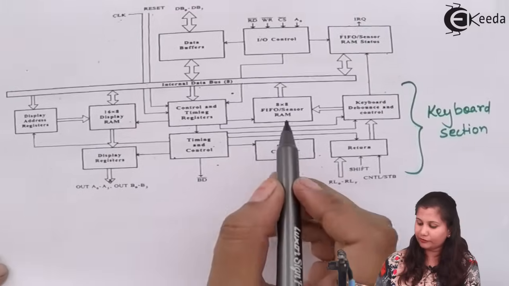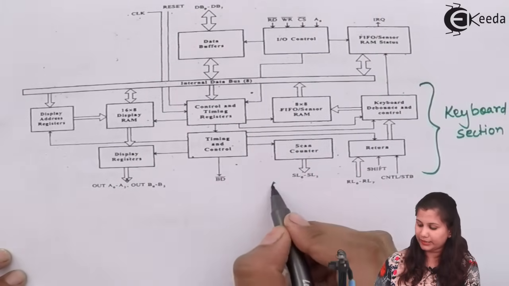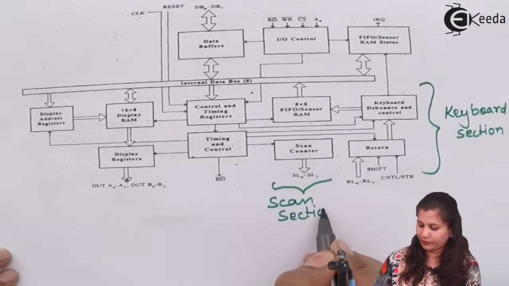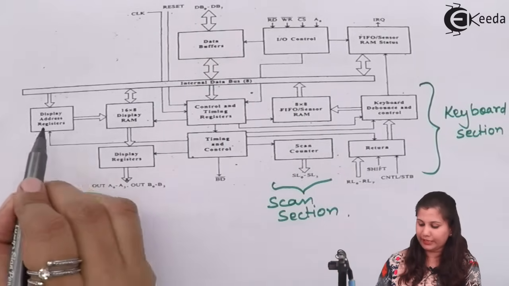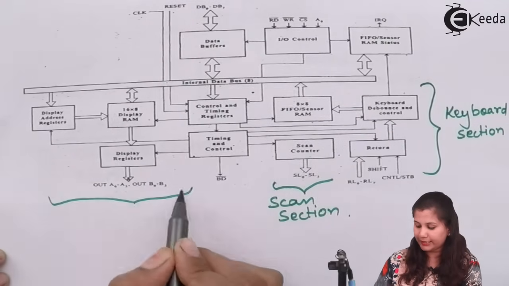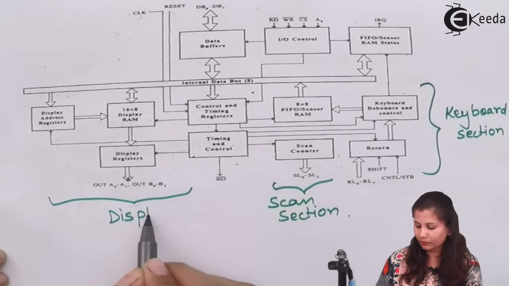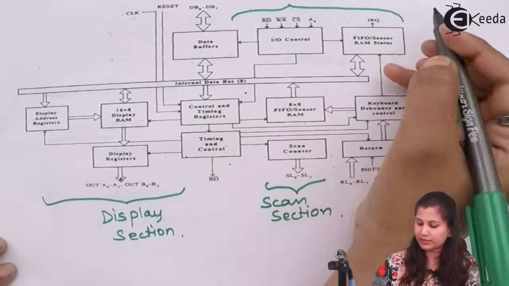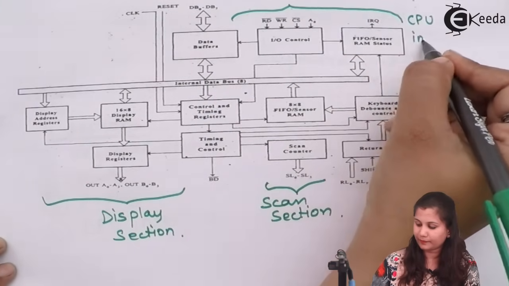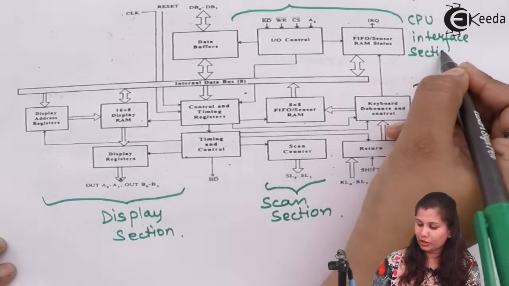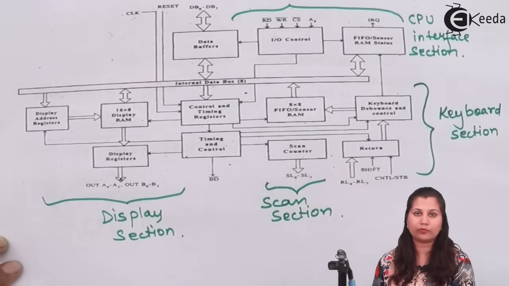Then the FIFO sensor RAM and scan counter form the scan section. Here we have the display address registers, display RAM and display registers, so this is the display section. And then this is our CPU interface section. So let us study these four sections one by one.